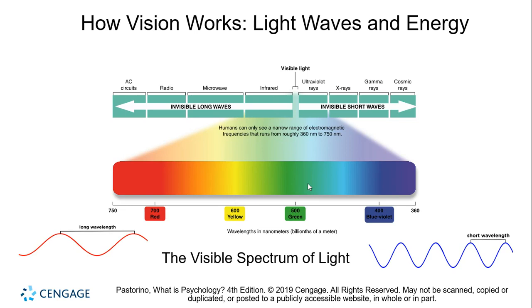Technically, you don't sense purple. Purple is a color that your brain makes up, but that's a little bit more complicated. It's just there's no real wavelength that is purple. Your brain just kind of makes it up.